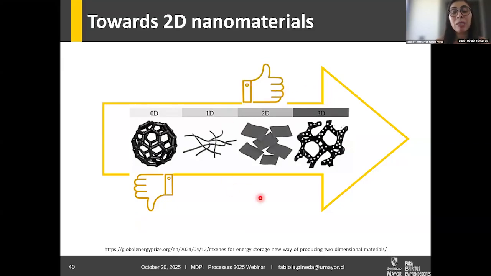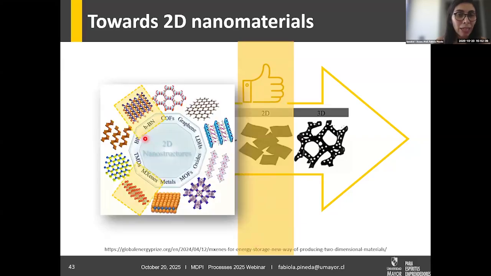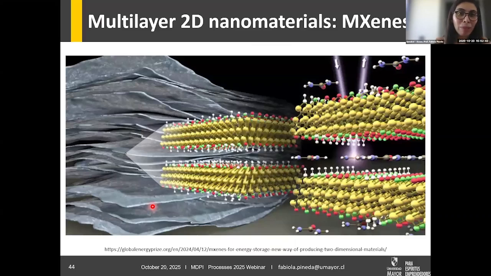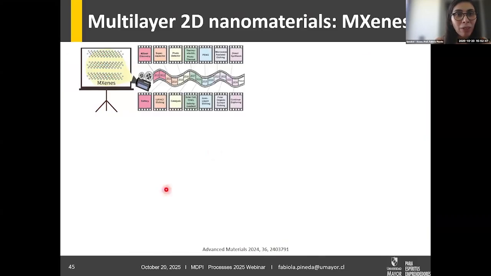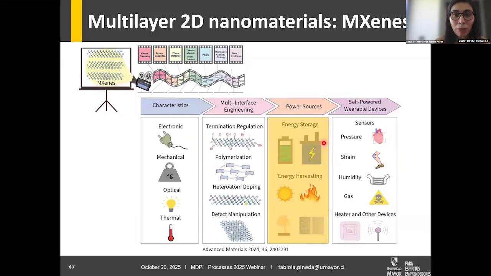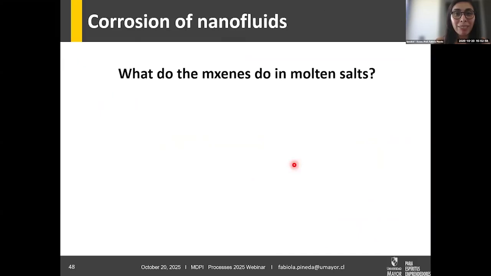Now we are studying 2D nanomaterials, these ones, and particularly two types, hBN and MXenes. And MXenes are a new family of nanomaterials, really popular these days. They were discovered in 2010, and they can be used in different applications, not only in energy, but I will focus on energy storage. And what do we do with MXenes?